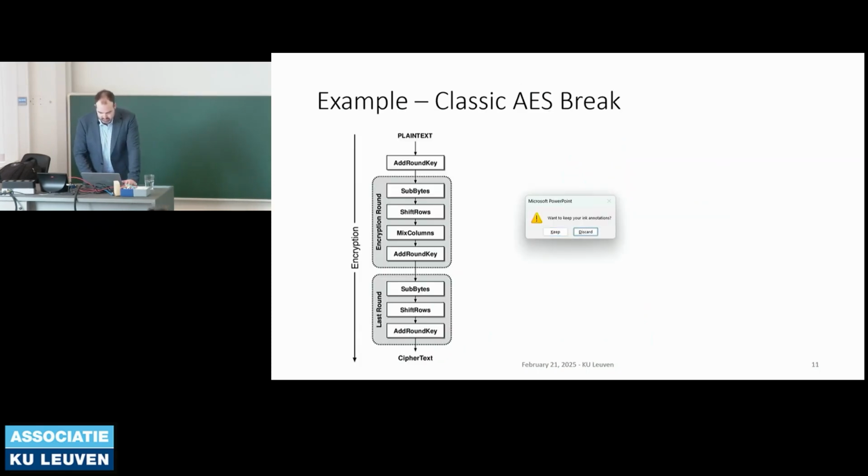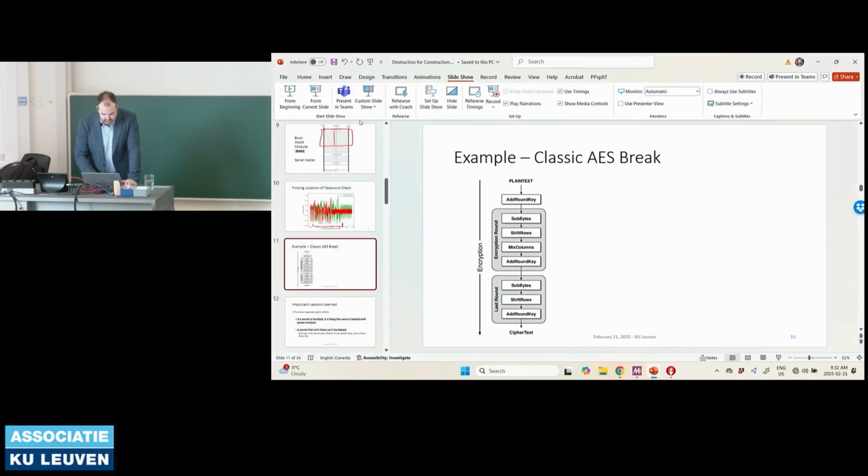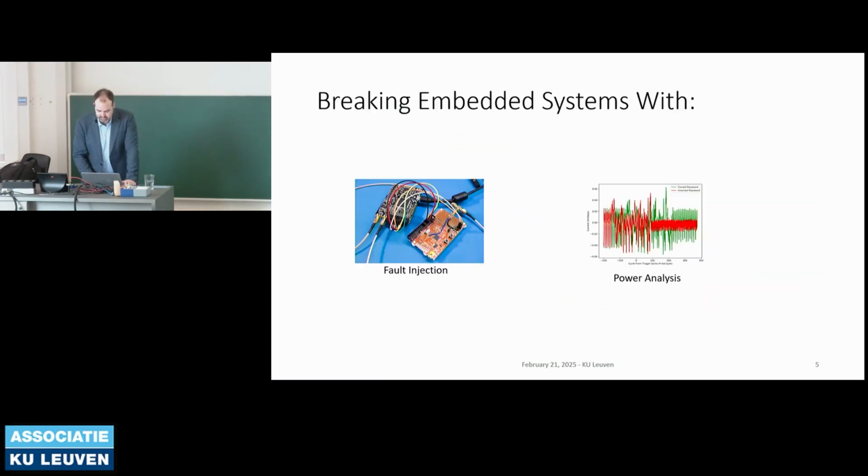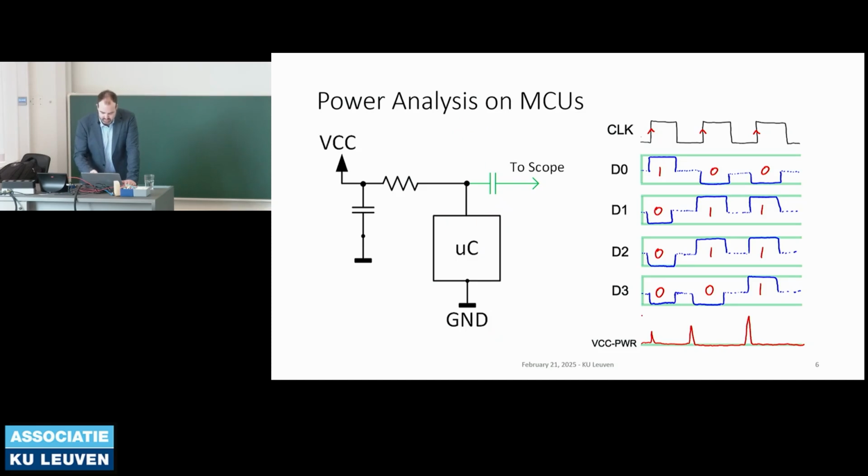Okay, so let's look at another example. This is moving from simple power analysis to differential power analysis. Now I'm actually going to be exploiting these small variations to figure out the number of data bits set to a specific state on the internal bus.